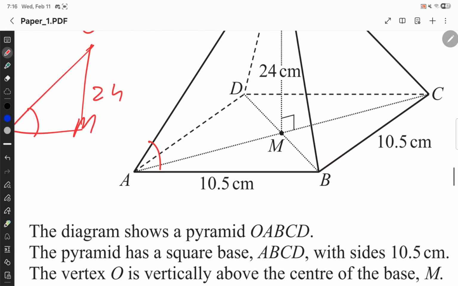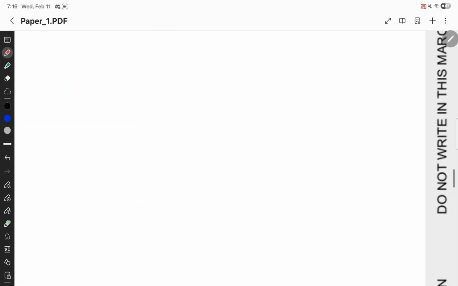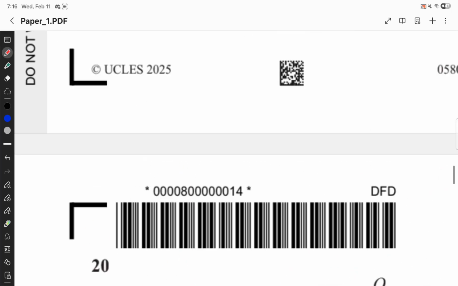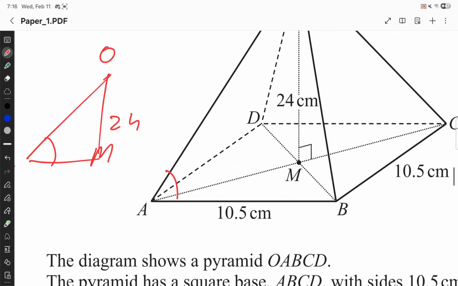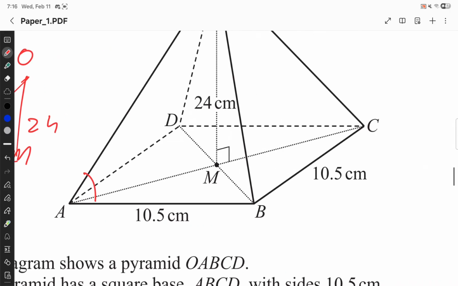Next, how many marks is this? Okay, 4. So let's solve this question. The first step in solving this is finding AC. We half AC to get AM, and then using AM we find this angle using cosine. Okay, no, using tangent, because we do not know AO.